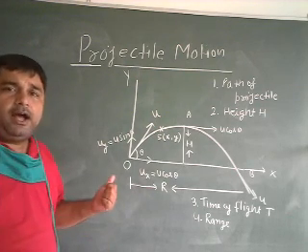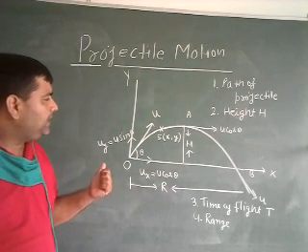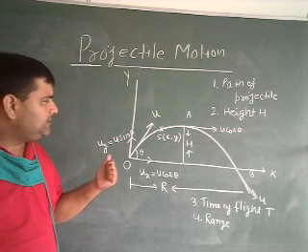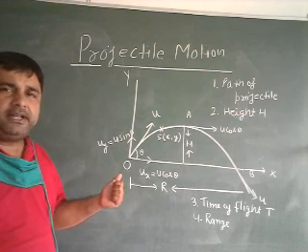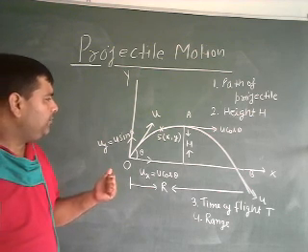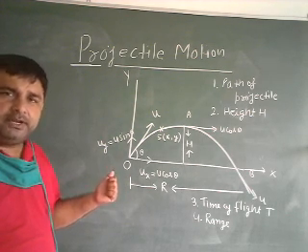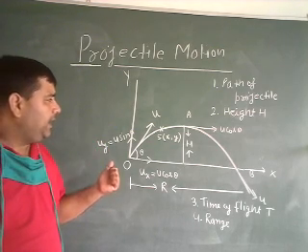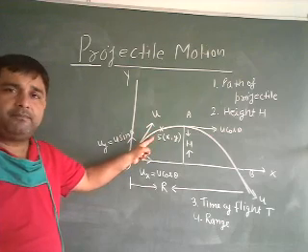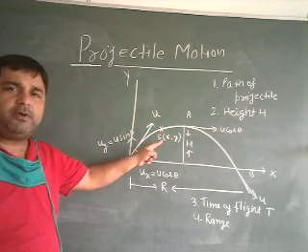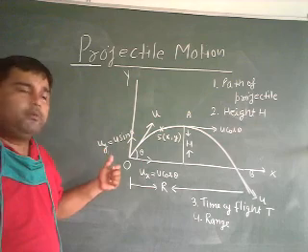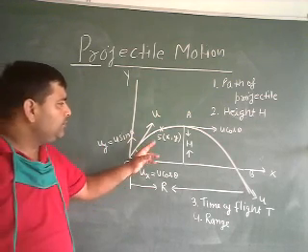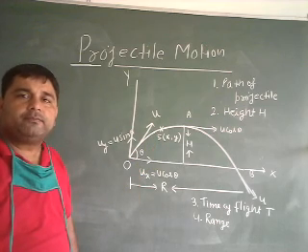Suppose the body covers x distance in the OX direction in time t and y distance in the same time t in the OY direction, reaching the location S having coordinates x, y after time t, projected from the point O. Now our task is to connect x and y coordinates.